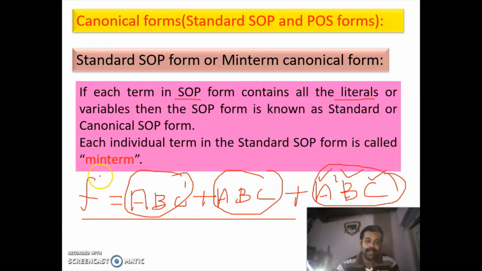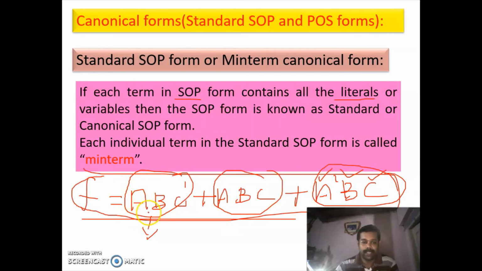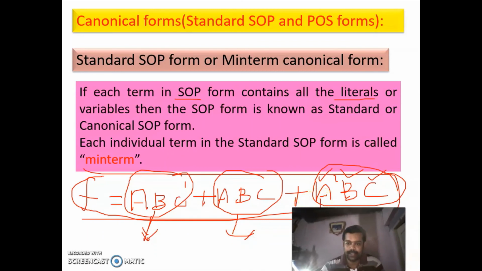An expression will have many terms, and each term will have literals either in true form or complement form.